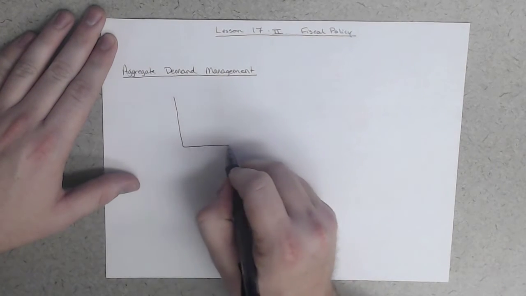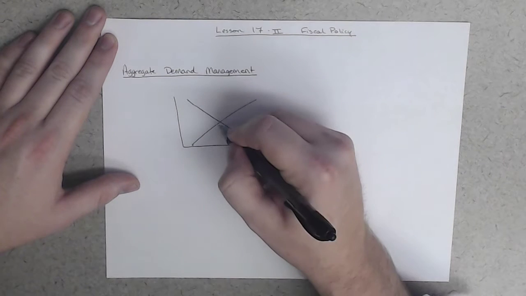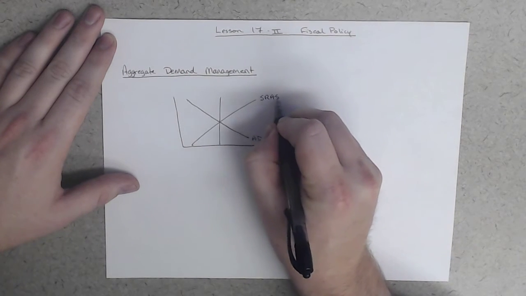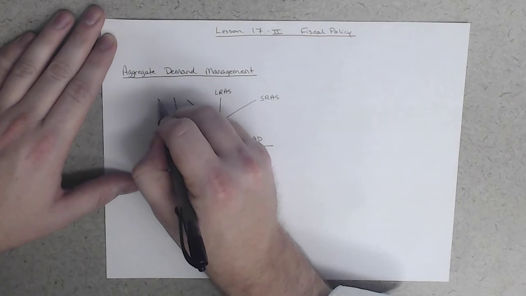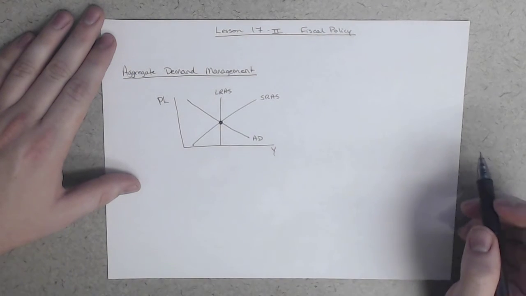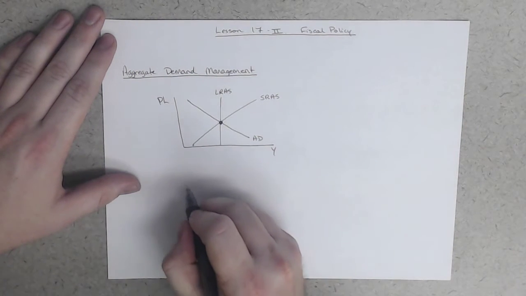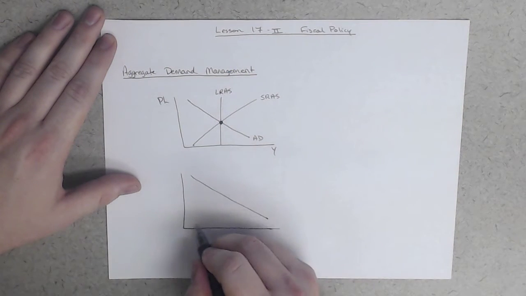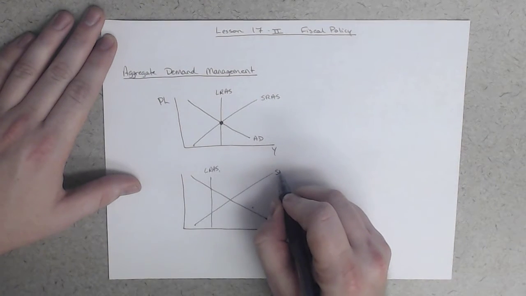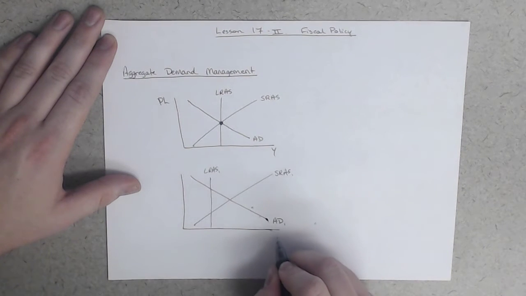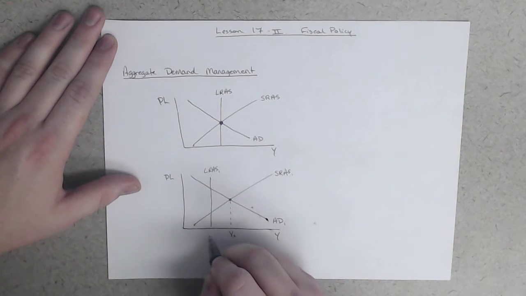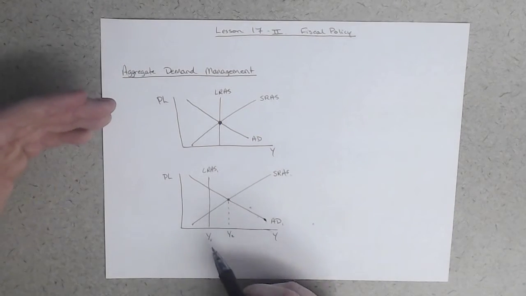Remember the goal is this. The goal is to have all three lines intersecting at the same point right there. But if we are, let's say, in a boom, we need to somehow reduce production.